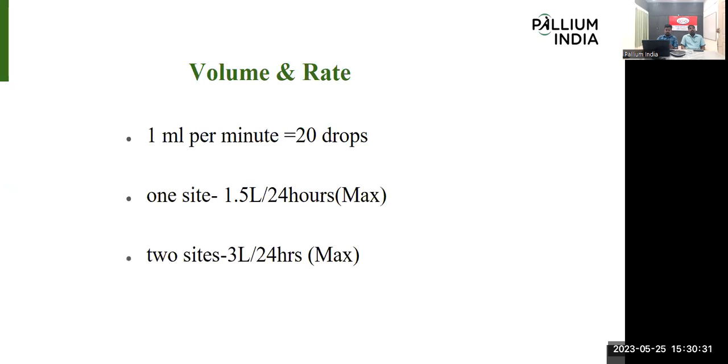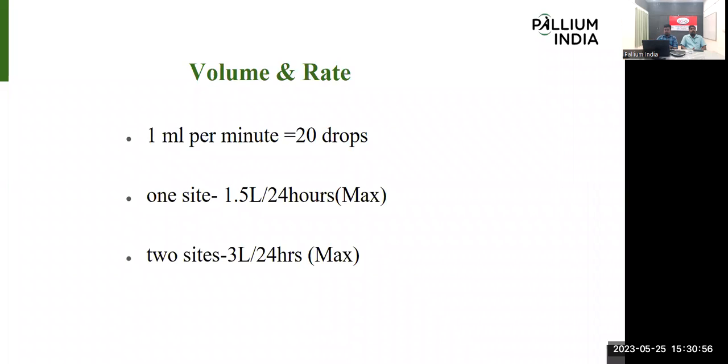As I already said, as per the doctor's prescription, we need to set the volume and rate of the medication. Here, the rate is 1 ml per minute. If we give a bolus type of medication subcutaneously, we need to give it at a rate of 1 ml per minute.